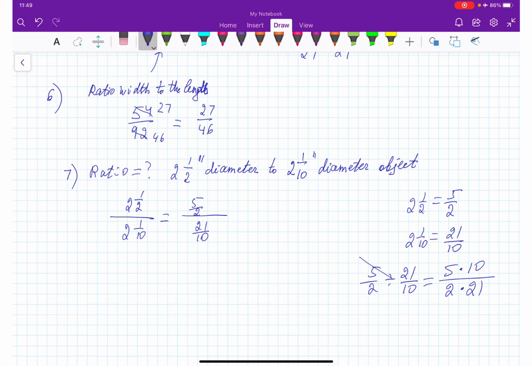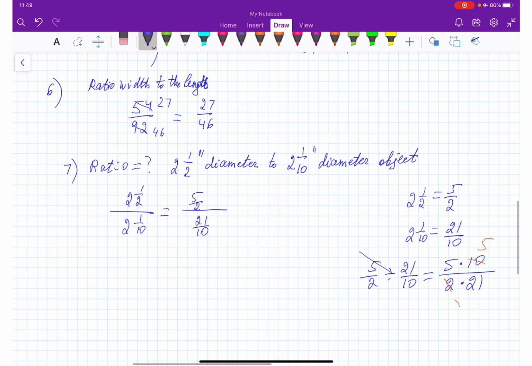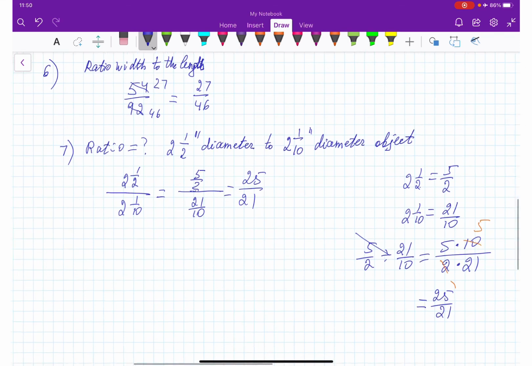Okay, so here if I simplify, this is going to be 1, this is going to be 5. And I am getting 25, right? 5 times 5 is 25 over 21. So the ratio is going to be 25 over 21. Okay, we are done.